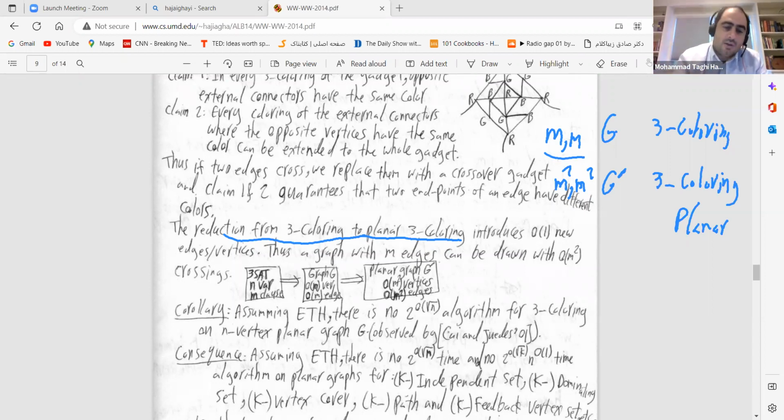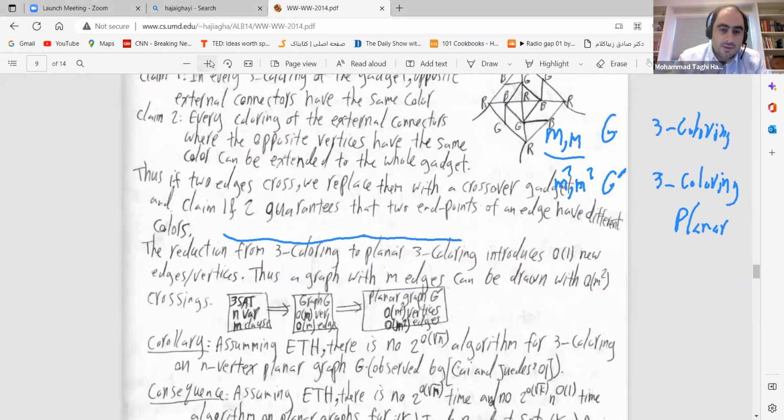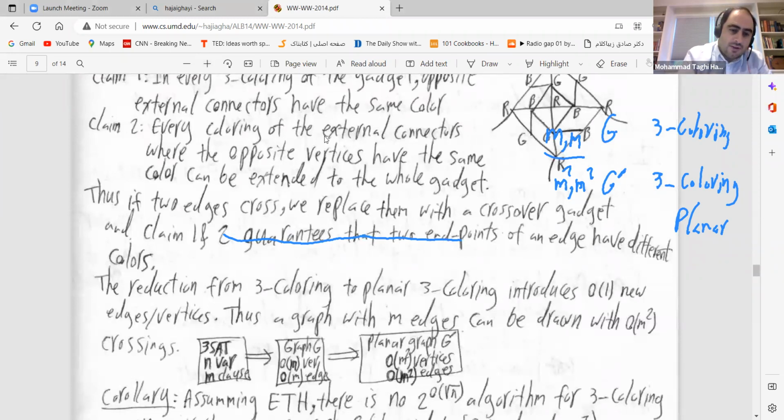So what do we have here? We started from 3SAT. We discussed this one previous time. We started from 3SAT that has n variables and m clauses. From that, we could create another graph G with order m vertices and order m edges, as we discussed previous time. And using this reduction, we can get a planar graph that has order m square vertices and m square edges.